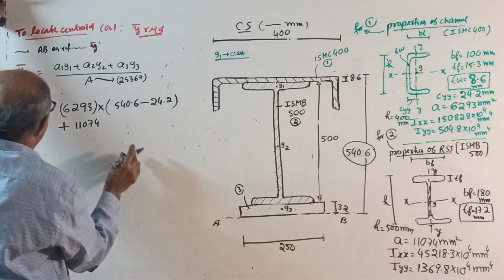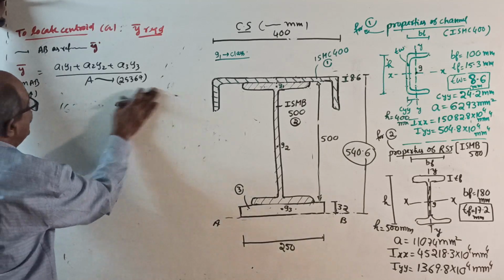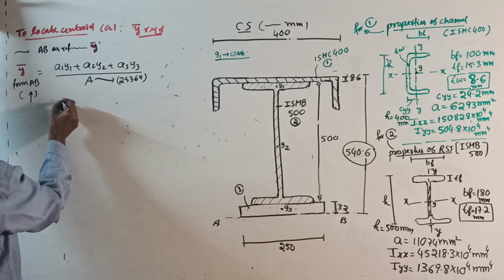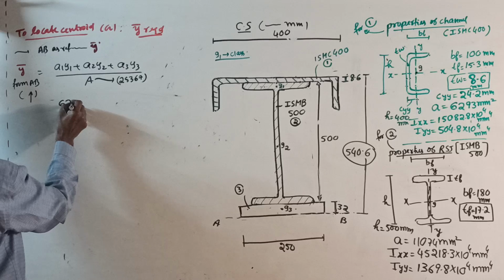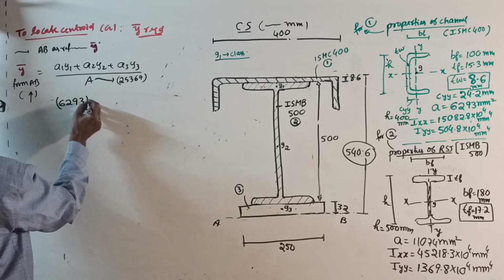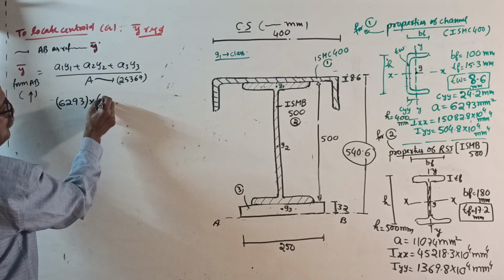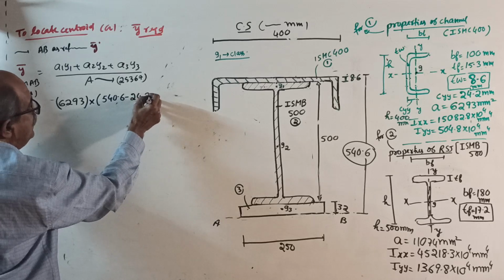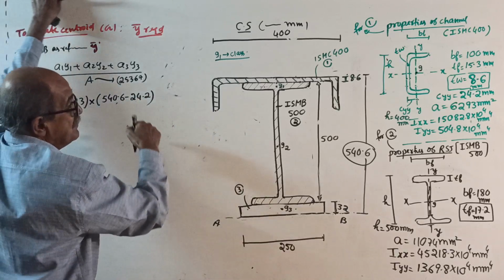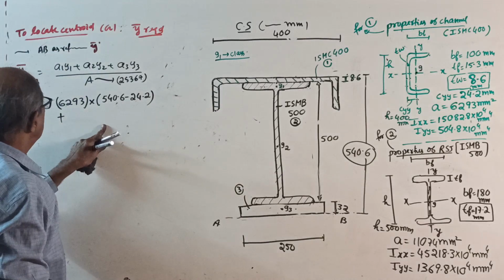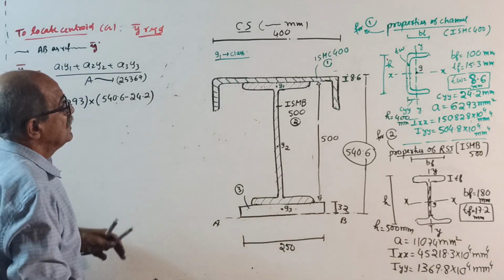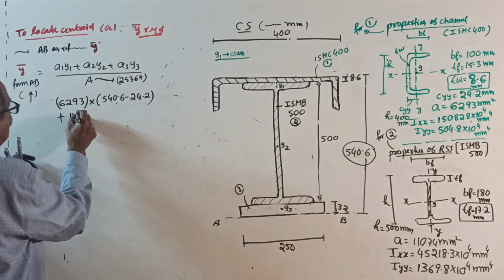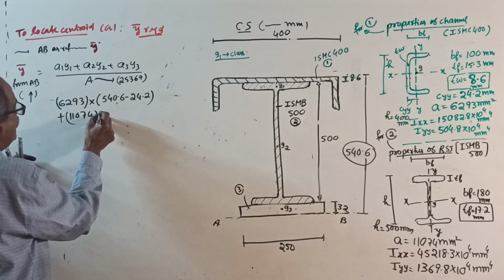11074. See, a space problem is there. I'll go here. Here I write. 6293 A1 into Y1 is 540.6 minus 24.2. A1 Y1 plus, you write horizontally, here space problem, I am writing one below the other, plus A2, 11074, A2 into Y2.